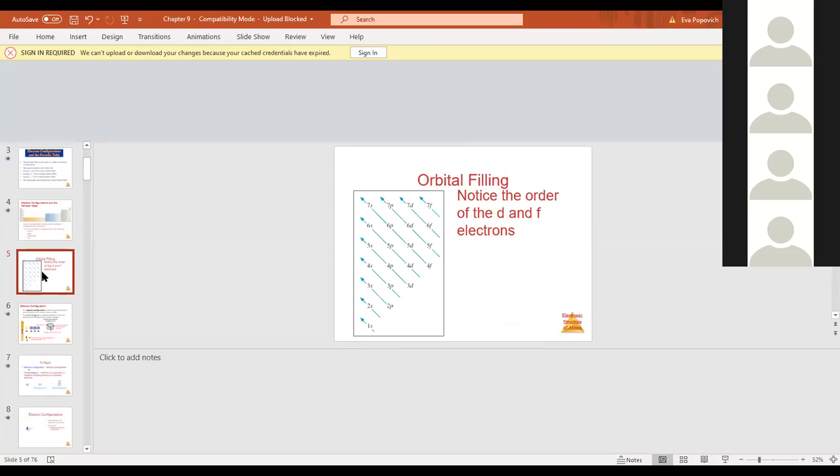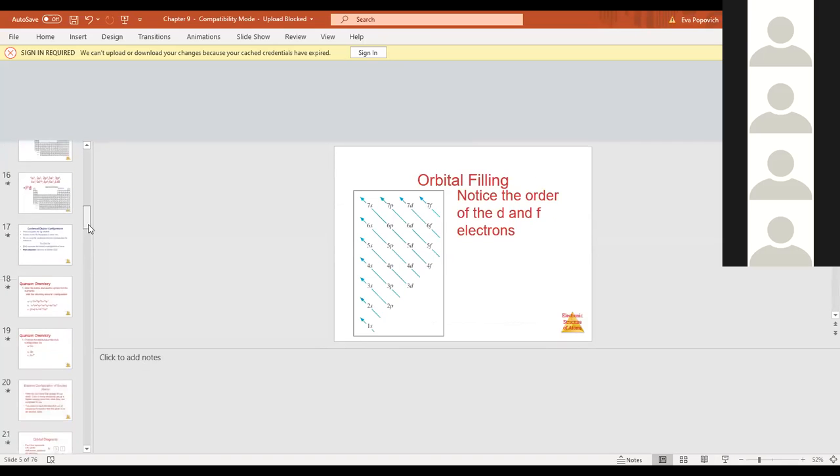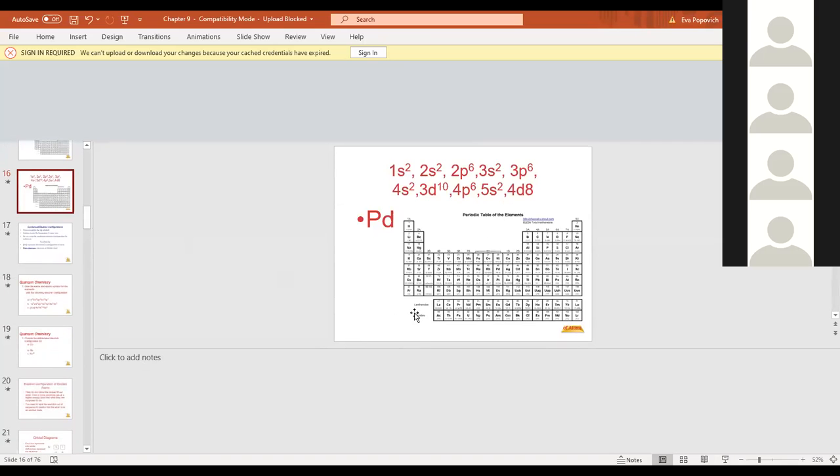What's the next orbital? 5p. And we're going for antimony, which is right here. So 5p, how many? 3, but you take one away. Why do I take one away? Because you have to fill up the 4d10.